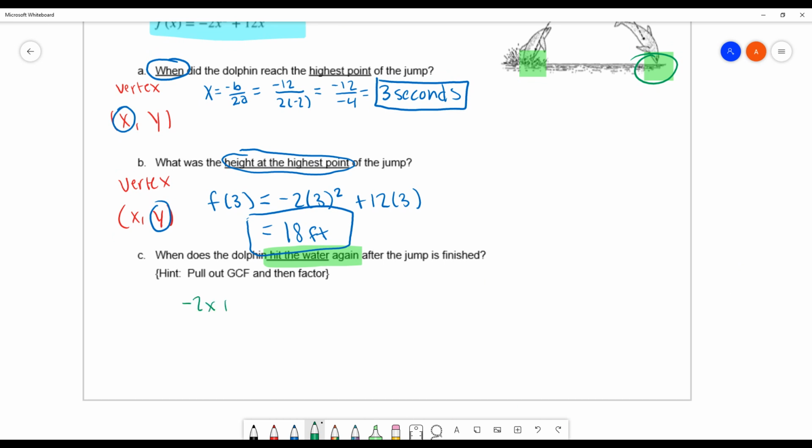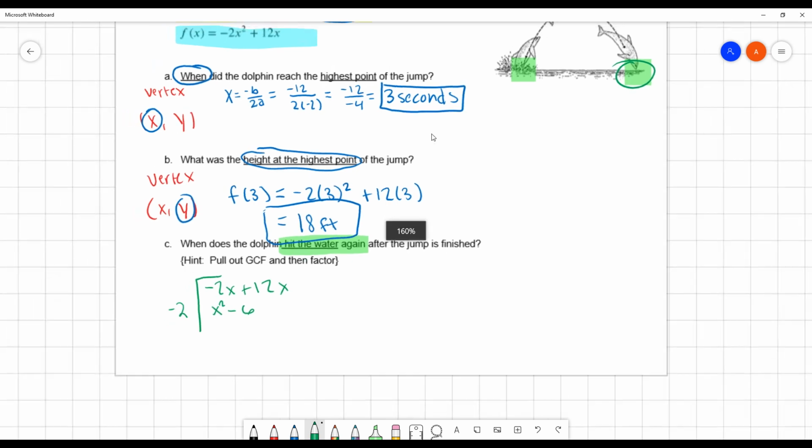Negative 2x squared plus 12x. I need to factor this. It gives me a hint to factor using GCF. I'm going to factor a negative 2 out of there, which will leave me with x squared minus 6.